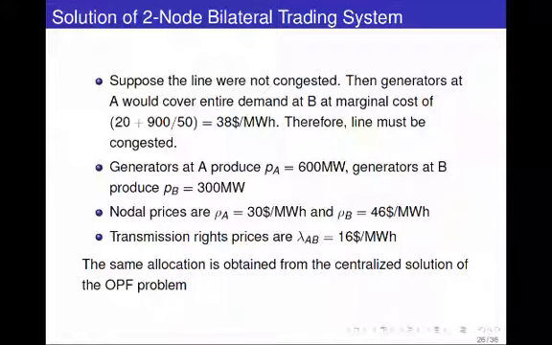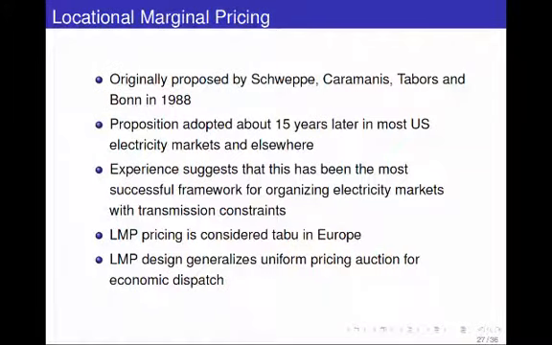So the two things will produce the same allocation. Now, that is an argument of why you can get away with setting up a market, even if you have transmission constraints, by defining transmission rights.